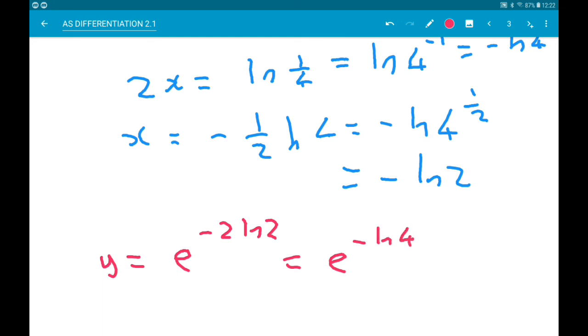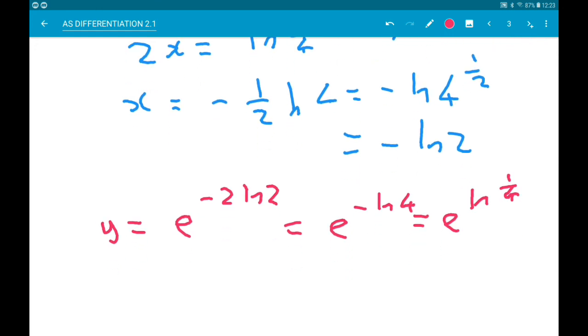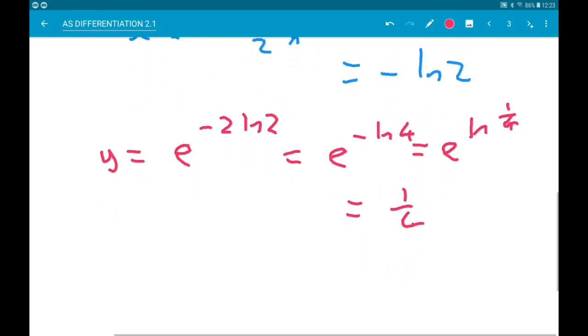Now we can also let the minus 1 into the log, so this is e to the ln of 4 to the minus 1, so that's ln of 1/4. Now, exponentials and logs cancel out, so this is actually just 1/4. So the coordinates are minus ln 2, 1/4.